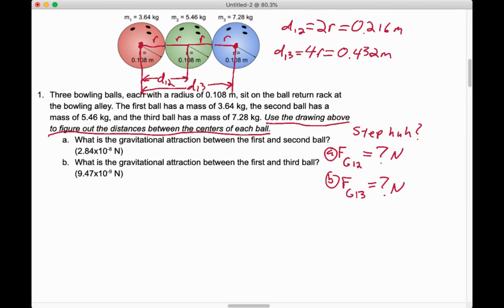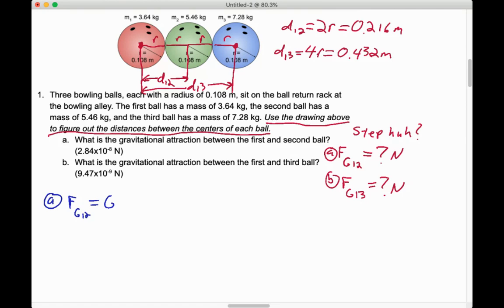So good. After that, this should just be basically plug and chug, as long as we can figure out the right formula to use. We've already done the hard part. So part A, we want to know F sub G 1 and 2. And what's our formula for F sub big G?